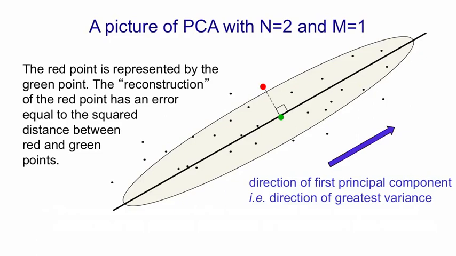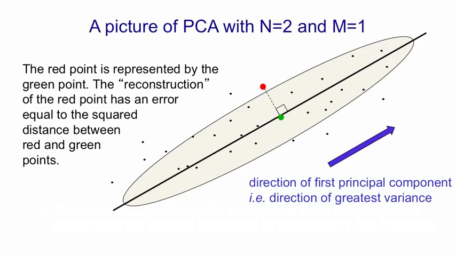And so to represent the red point, we'd represent how far along that direction it lay. In other words, we'd represent the projection of the red point onto that line, i.e. the green point. When we need to reconstruct the red point, what we'll do is simply use the mean value of all the data points in the direction that we've ignored. In other words, we'll represent a point on that black line.